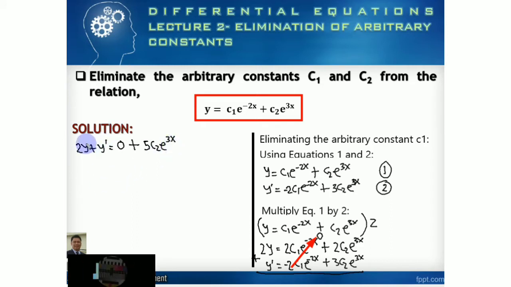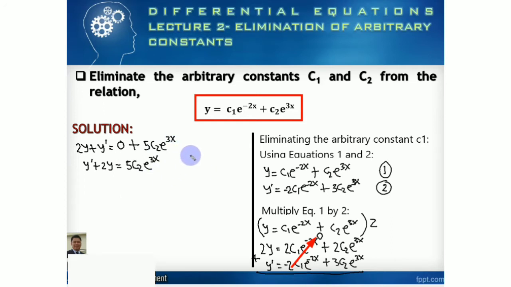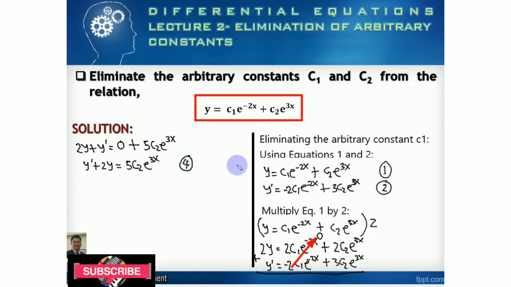So we have now y prime plus 2y is equal to 5c2 times e raised to the power of 3x. Okay, so we will consider this one as our equation number 4, since we already have equations 1, 2 and 3.